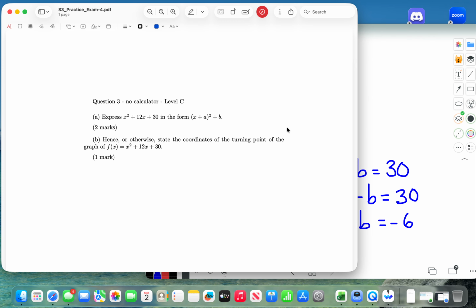But if it does say hence or otherwise, it strongly recommends that you do use what you've already established. If it says hence, you have to use the last section of the question. But hence or otherwise, you can use any acceptable method, but it does recommend that you use the answer to part A. So let's do that.